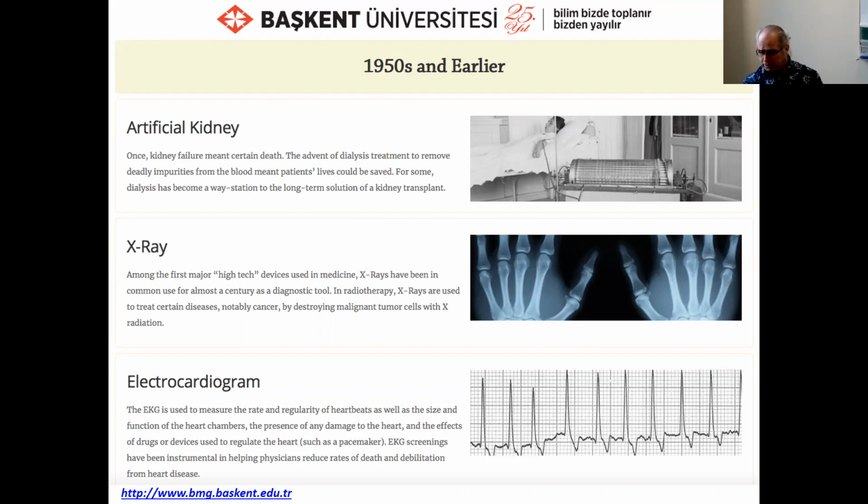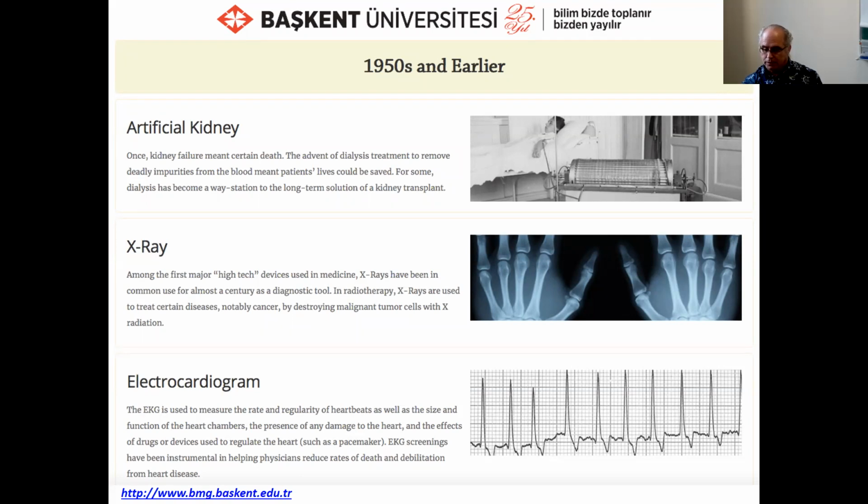In the artificial kidney, as you know, people who need dialysis have the deadly impurities removed from the blood. This is the first and initial case of the artificial kidney.